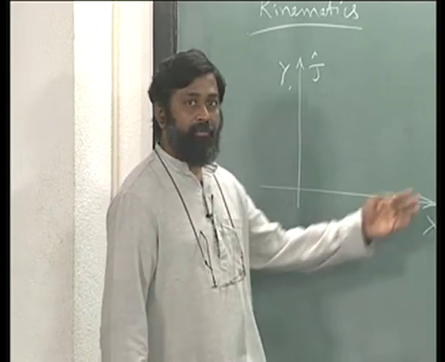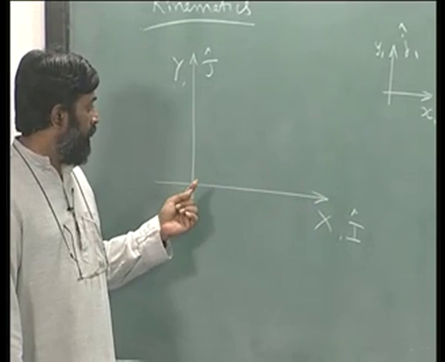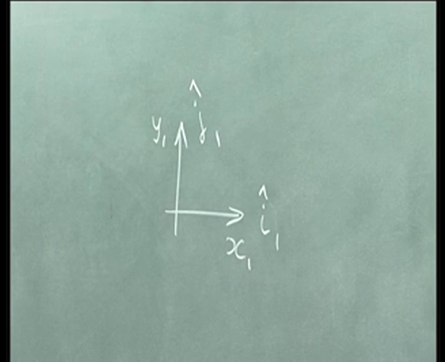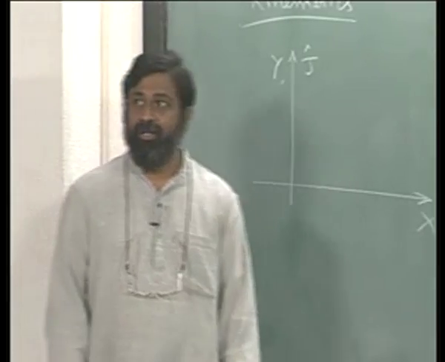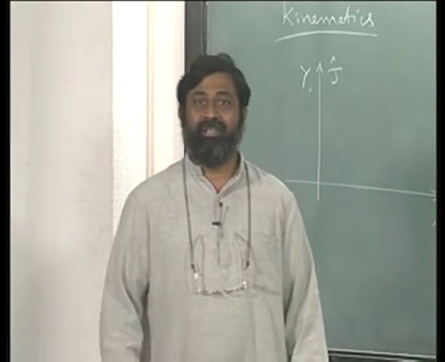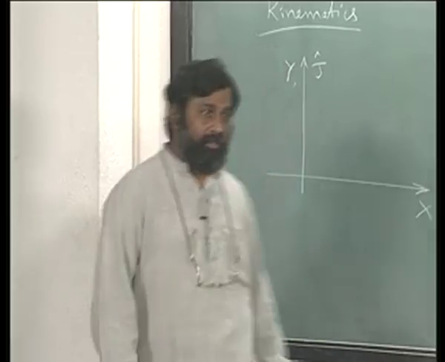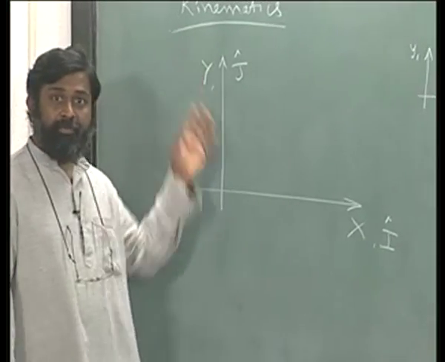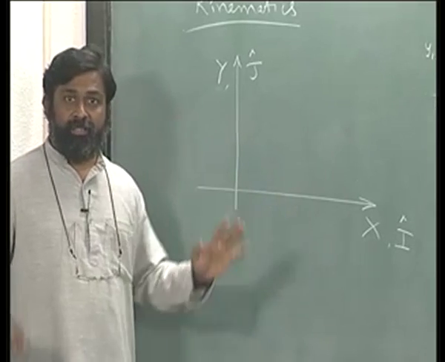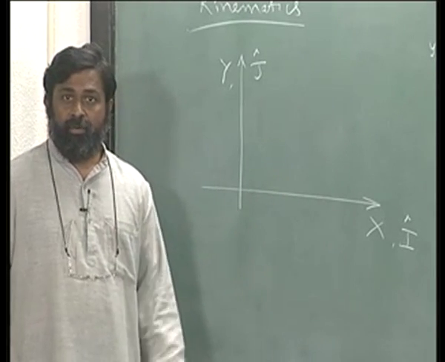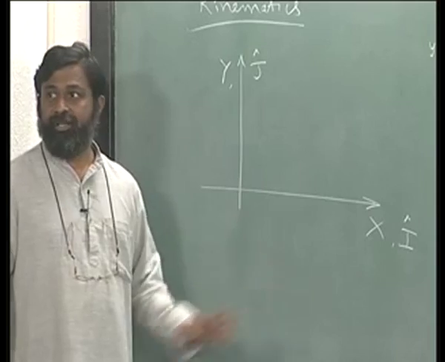If I have to do that, first I should fix a frame of reference which is fixed from the angle of how Newton has defined the equations of motion, and that is what we call the fixed frame of reference. I am not going to go into details of what a fixed frame of reference is, let us just go with how the Newtonian frame of reference has been defined.